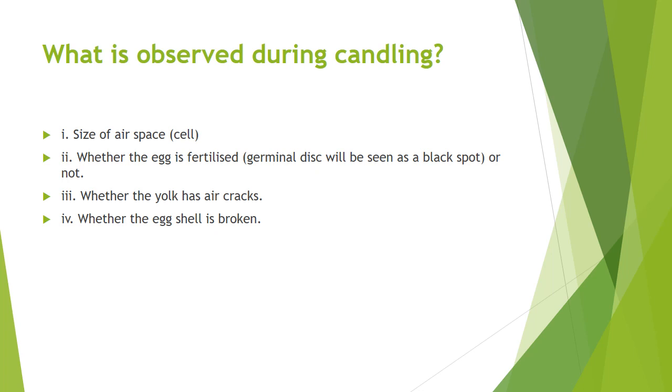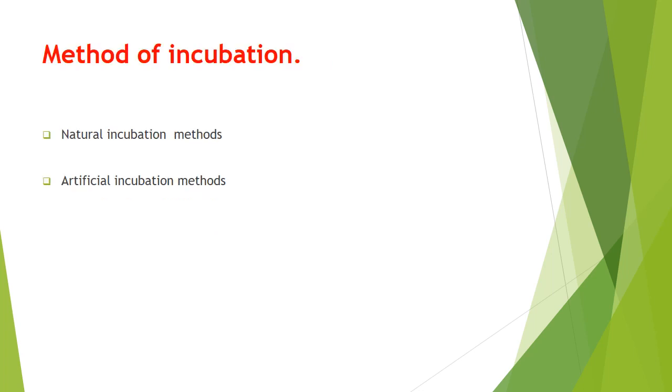Now, after candling an egg, you need to understand that the next step is to incubate this egg at home. Which method do we use mostly? We use something known as natural. So we have two methods of incubation. We have the natural incubation method and the artificial incubation method.